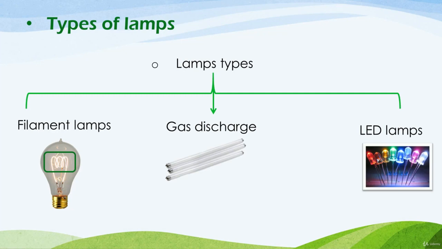And finally, we have the LED lamps. They are a new technology of lamps that uses semiconducting material to produce the required light, as LED is the abbreviation of light emitting diode. That means the LED lamp is nothing but a special kind of diode that is used to produce light.